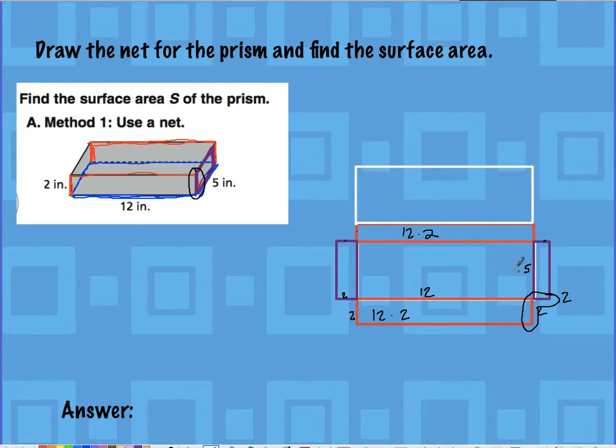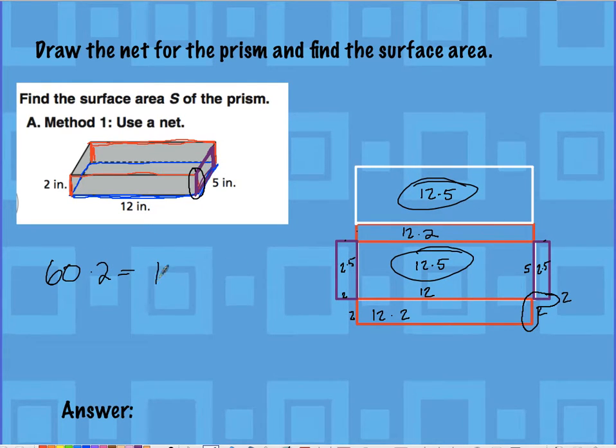Okay, so in here we have 12 by 5, 12 by 5, 2 by 5, and 2 by 5. Okay, so I have these two, which give me 60 times 2, because I have two that are the same size, so that's 120.